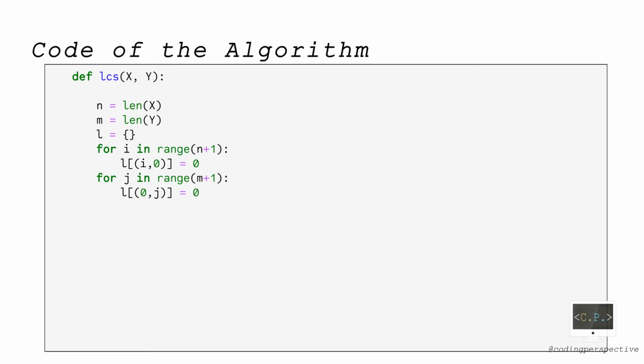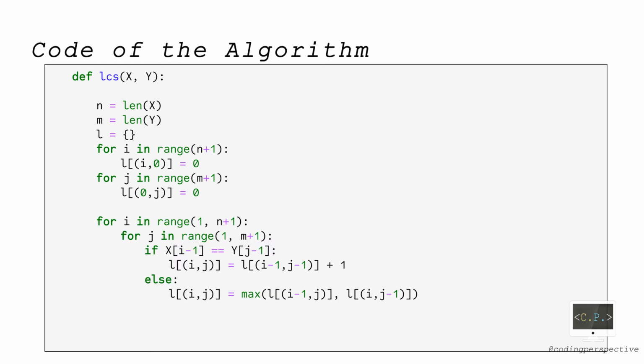And also we set L(0,j) to 0 for each j from 0 to m. In the second step, the outer loop iterates the elements of x and the inner loop iterates the elements of y. In these loops, we update the length L(i,j). Lastly, we return L(n,m), the length of the longest common subsequence, as an output.